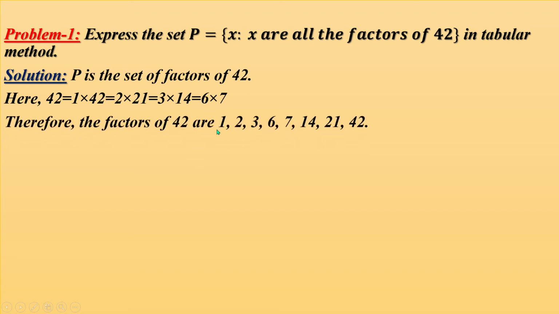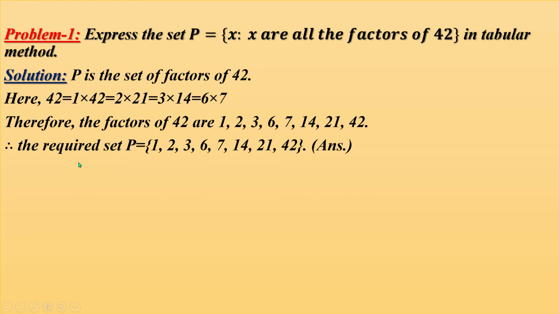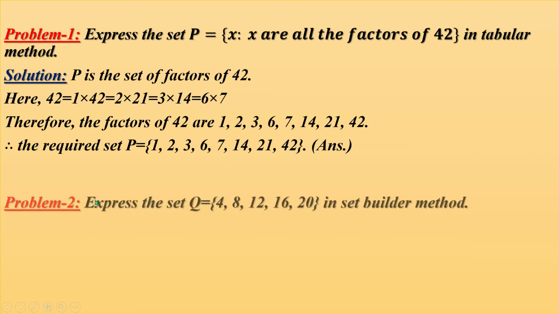Therefore, the factors of 42 are 1, 2, 3, 6, 7, 14, 21, 42. So the required set P = {1, 2, 3, 6, 7, 14, 21, 42}. All the elements are separated by commas and enclosed in second brackets. So this is a tabular form or roster method.